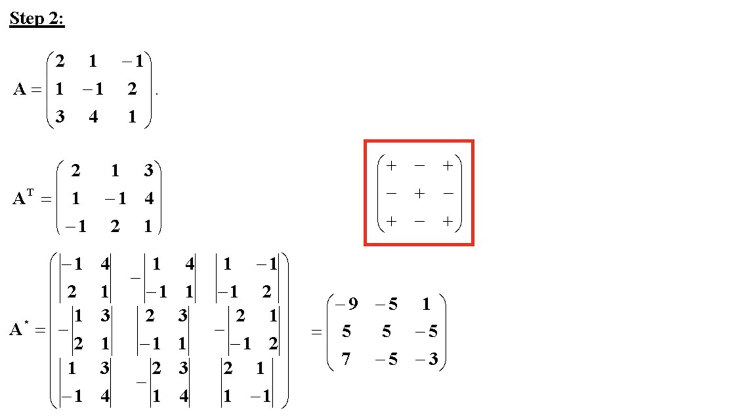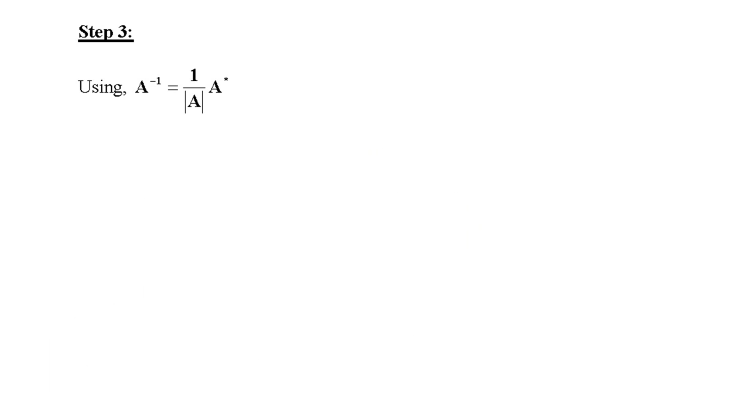And finally, once you have your adjoint, step 2 is completed, and in the final step, step 3, to work out the inverse of the matrix, remember the result, it's 1 over the determinant of that matrix multiplied by its adjoint.